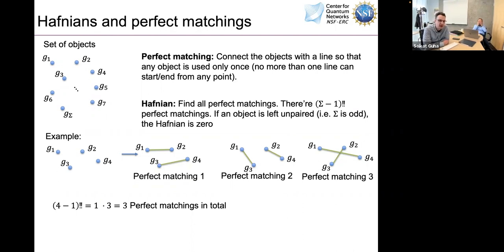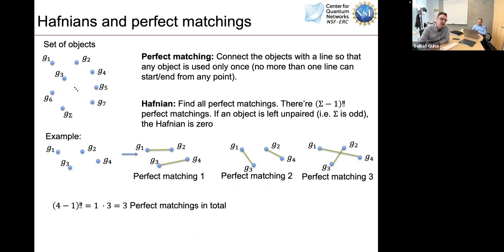I just label them G1, G2, G3, G4, and so on up to G sigma, capital sigma. So I give you this bunch of objects, and I ask you to find what we call a perfect matching. What is a perfect matching? It is to connect the objects with a line so that any object is used only once. No more than one line can start or end at any point.